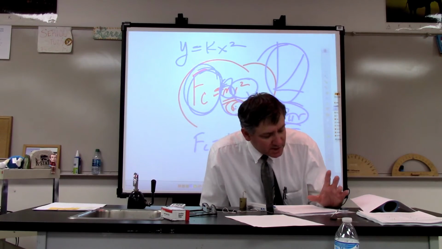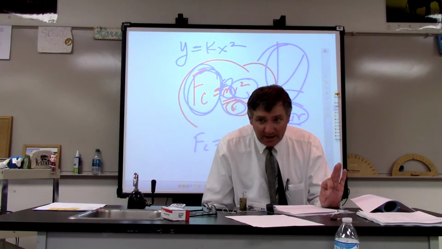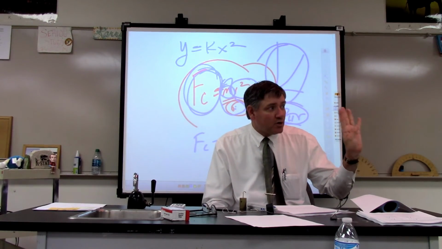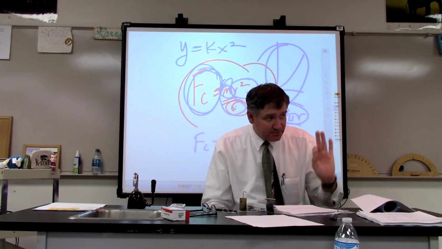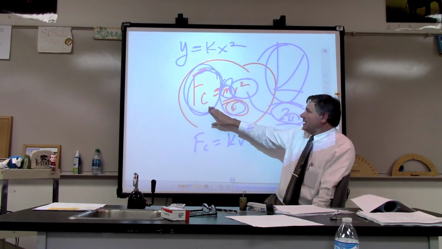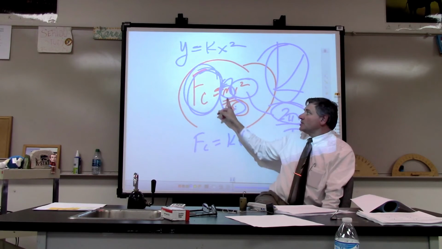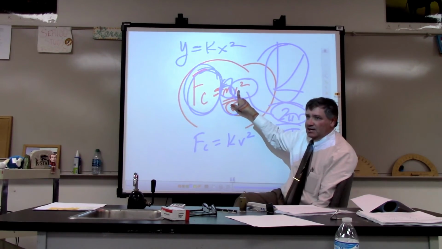Now, when you get to question number 4, let me explain how I want question number 4 answered. I want all 4 variables mentioned. I want force, mass, velocity, and radius. So here's how you can answer number 4. You're going to go, okay, since mass and radius are held constant, to produce a bigger centripetal force requires a greater velocity.